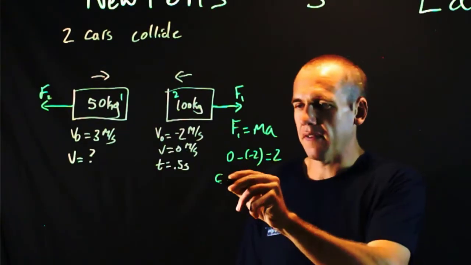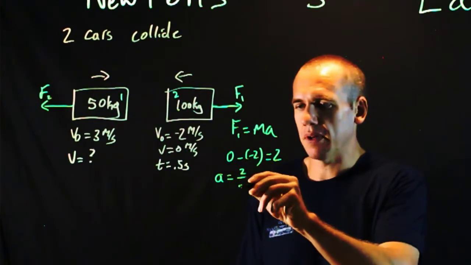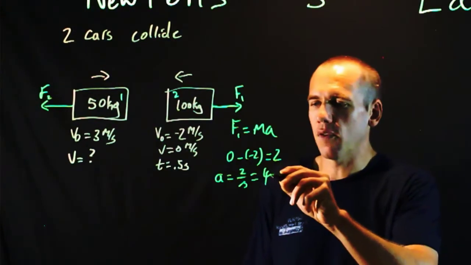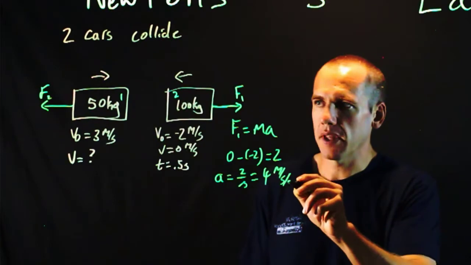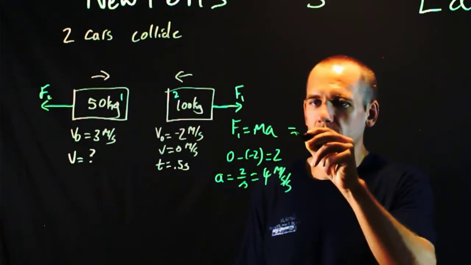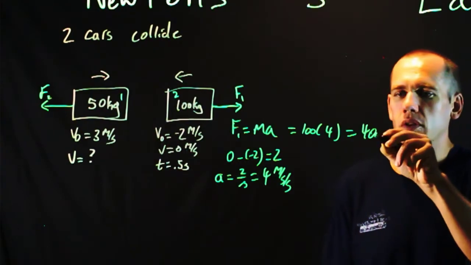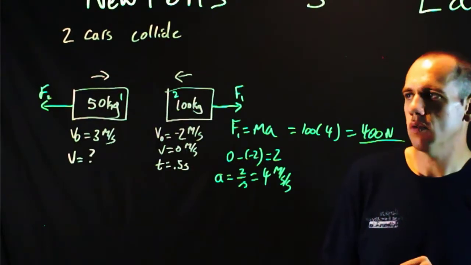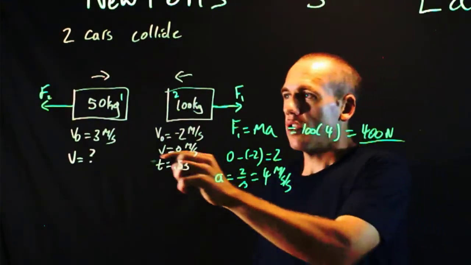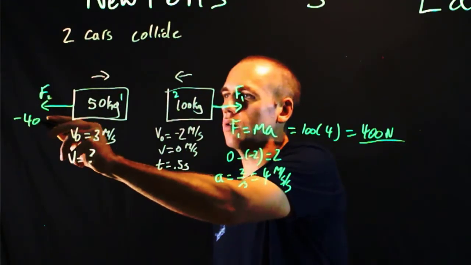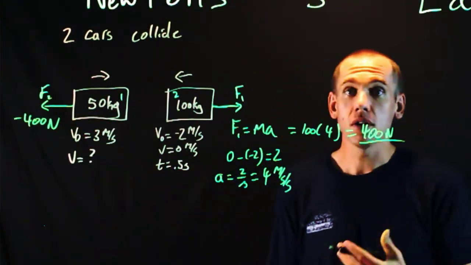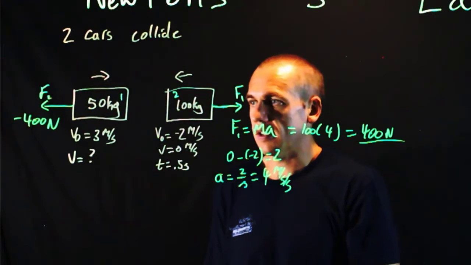Divide that by 0.5, acceleration equals 2 divided by 0.5, which equals 4 meters per second squared, and I can multiply that by 100, so I get 100 times 4 equals 400 newtons. So this 400 newtons was acting to the right, which means now I have a negative 400 newton force acting over here. Newton's third law tells us that's there.